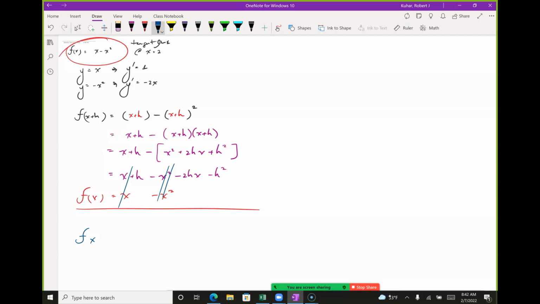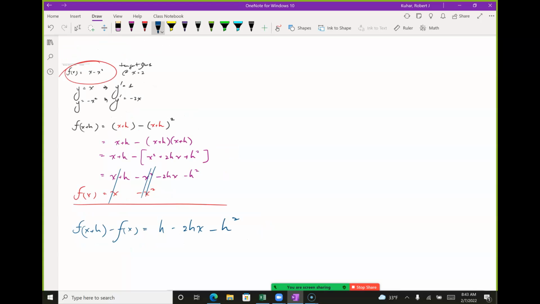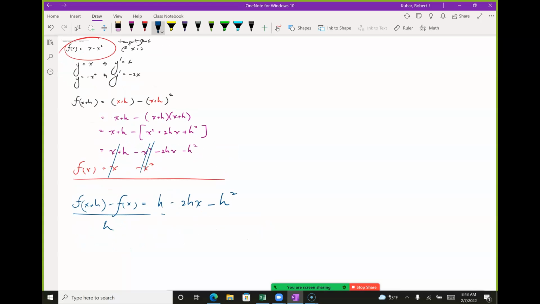So now f of x plus h minus f of x is h minus 2hx minus h squared. The key here is, if you have anything without a factor of h, you made a mistake. The h's are going to have to cancel. If they don't, you're in trouble. Okay? So I'm dividing this by h, and I'm going to factor an h out.